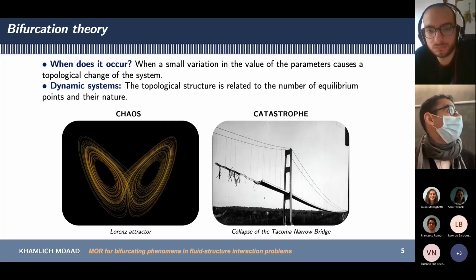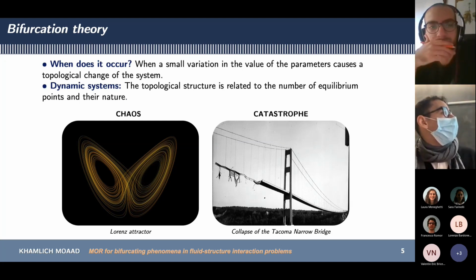The two images that I've decided to show are some very relevant applications of bifurcation theory.